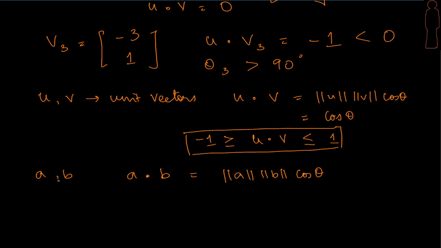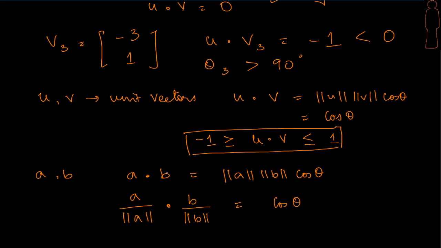Okay, how do we make them unit vectors? We simply divide A by its magnitude and B by its magnitude, right? So I can even bring this to this side, and I can say that A by magnitude of A dot product with B by magnitude of B is going to be cos theta. It's a pretty simple observation.